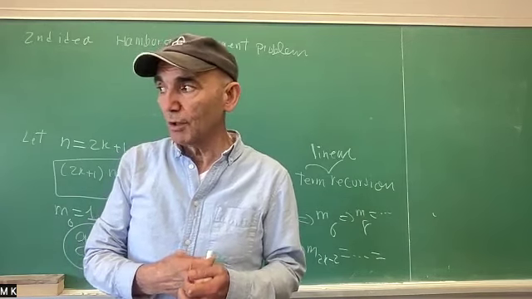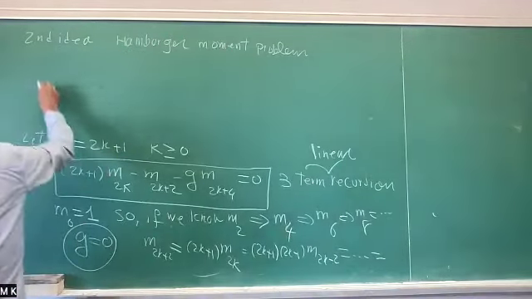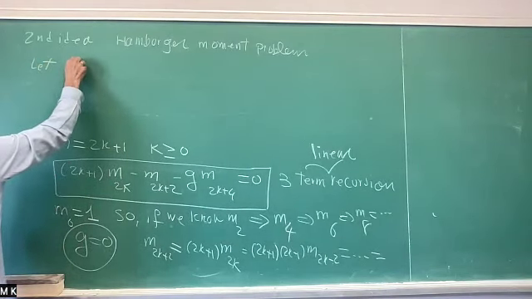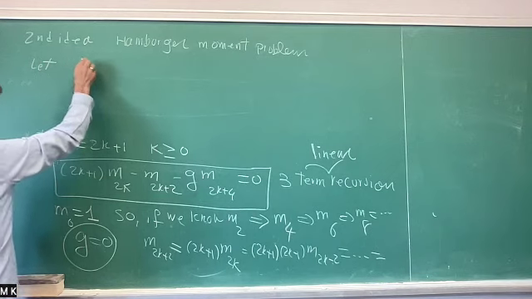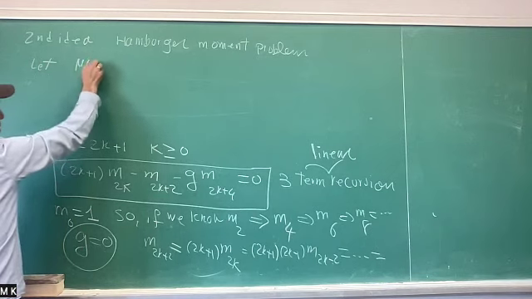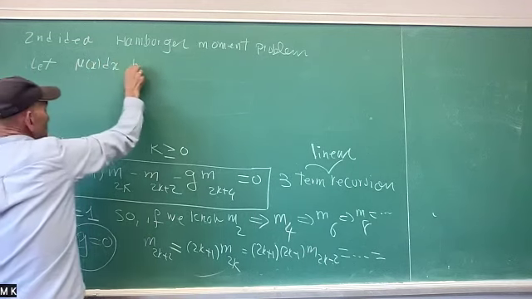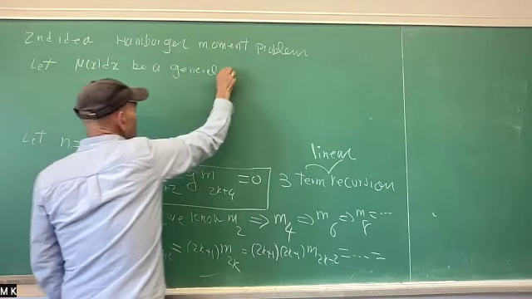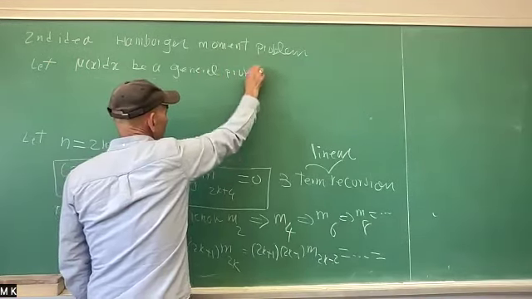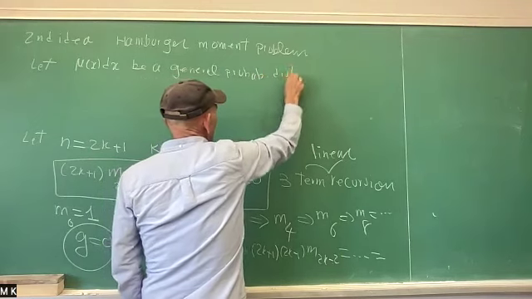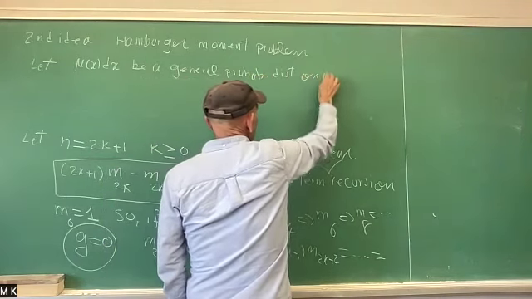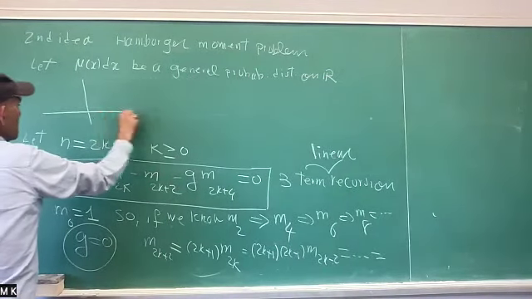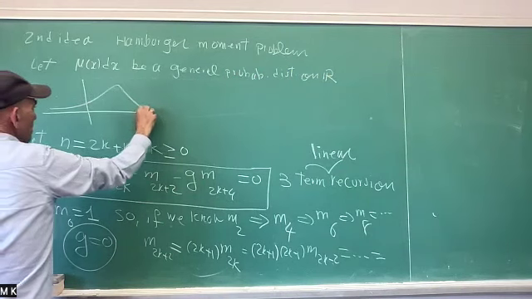The question is the following. Let mu(x) dx be a general probability distribution on R. So we have a very general probability distribution on the real line.